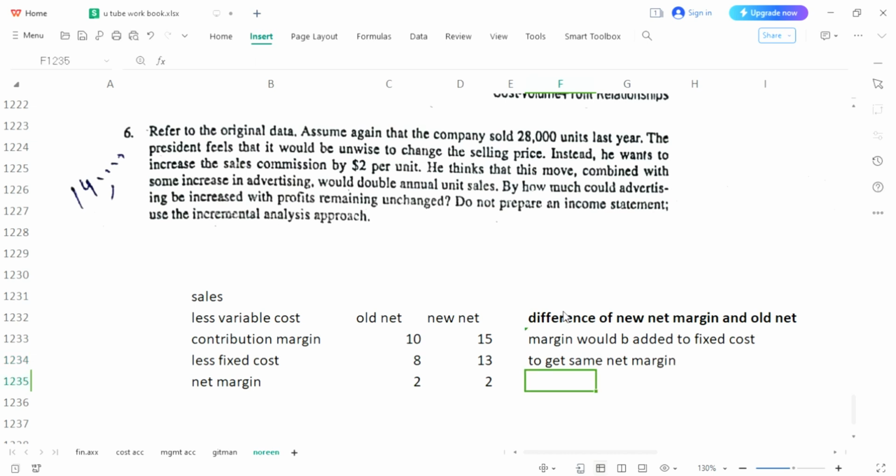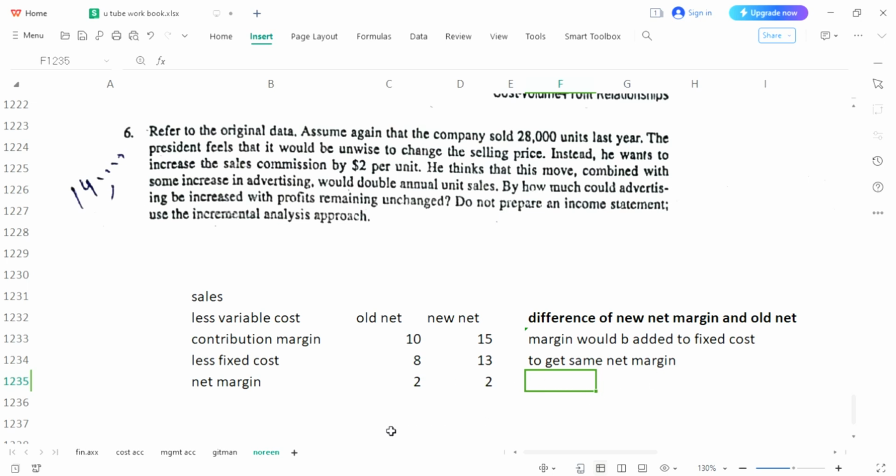Okay, this is our story. Difference of new and old net margin. New net margin was 15, old net margin was 10, the difference was 5, would be added to fixed cost. This 5, if you will add in your fixed cost, you will get the same net margin.